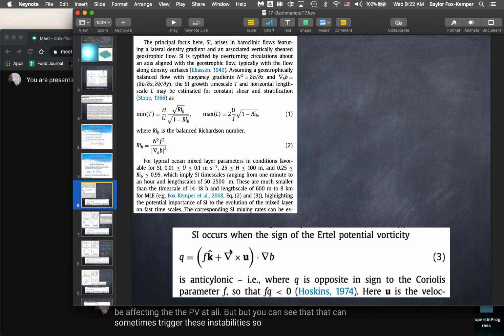So the geostrophic approximation is not the full story for sure. But for this simpler case, where we're thinking about how to make a criterion for the symmetric instability and to have the kind of pure symmetric instability, not a mixed symmetric inertial instability, we can think of it as a geostrophic background flow. Okay.